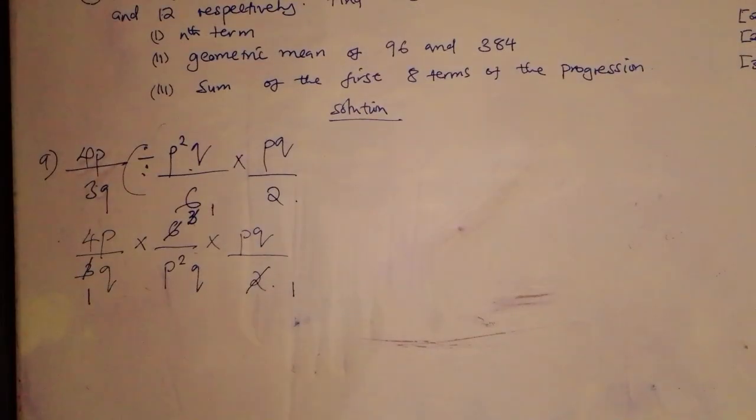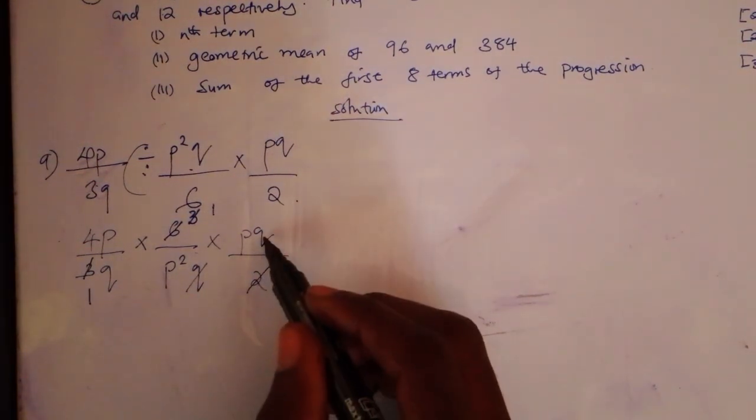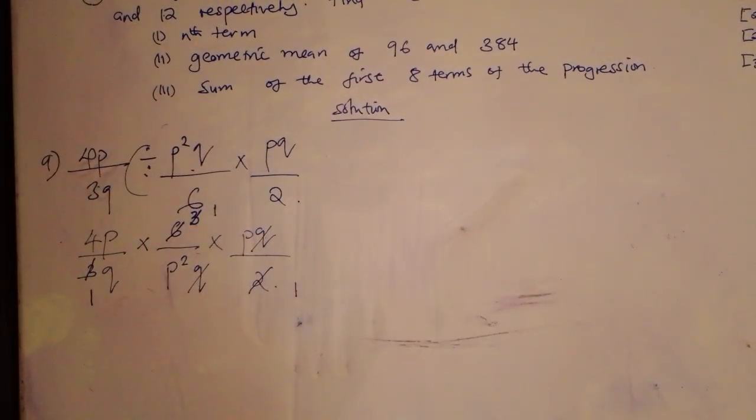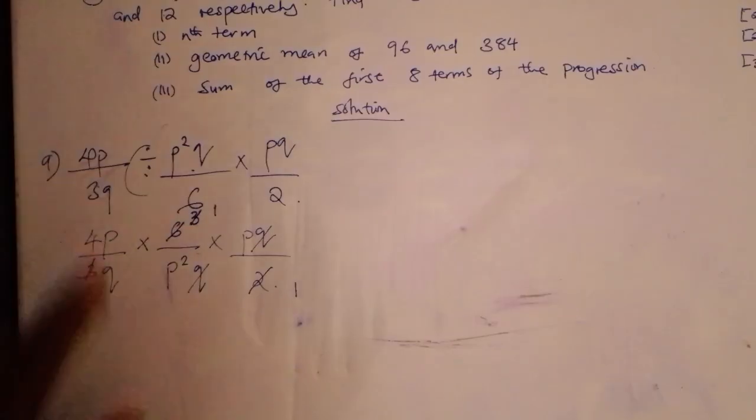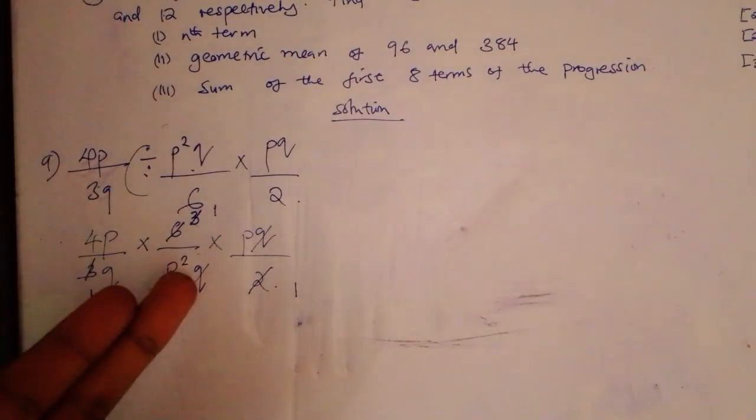Then after we have simplified the numbers, next we are going to do the letters. So which letters can be simplified? We can see that we have Q here and we also have Q here. So Q and Q can cancel. Then remember we also have P and P. So how can we divide P with P squared?